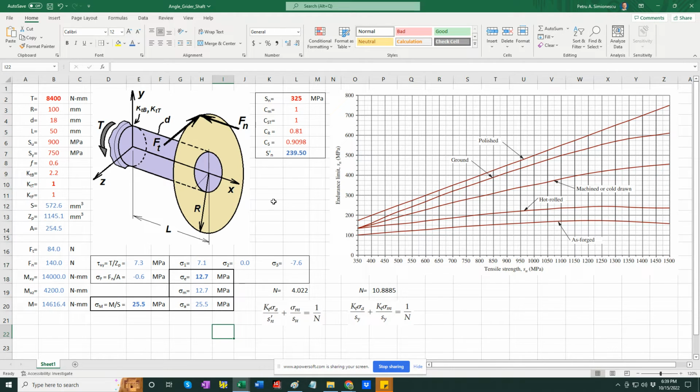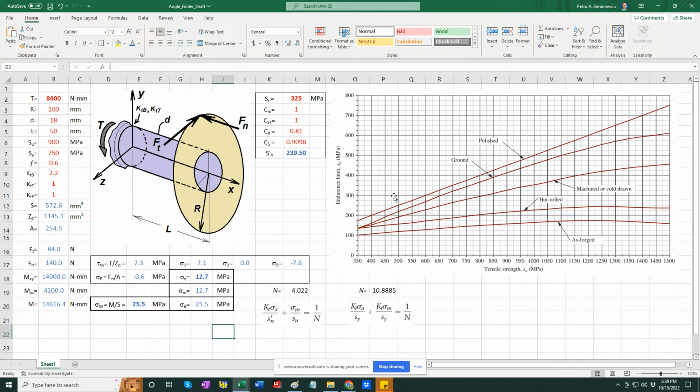What we have left is to calculate the true endurance limit Sn prime that occurs in the two equations for calculating the design factor. So we're given the ultimate strength, and we know the finish is machine finish. Ultimate strength is 900 megapascals.